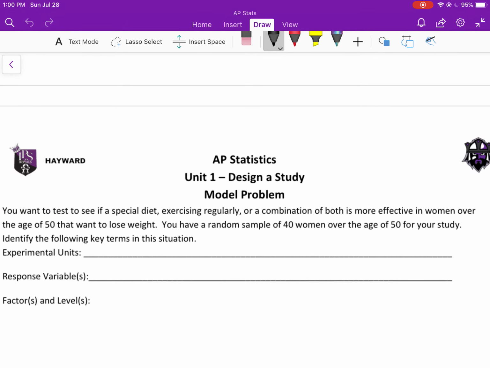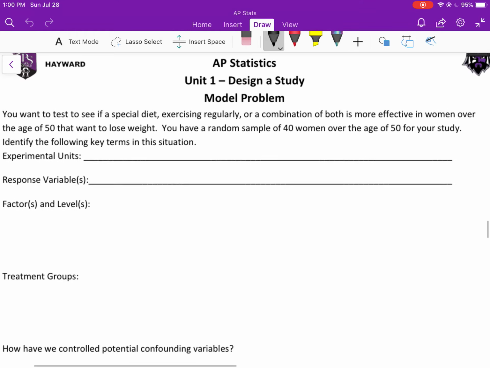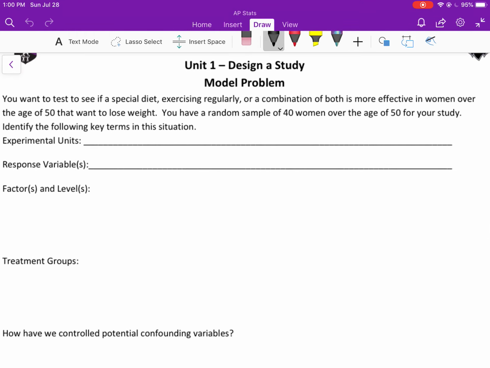So we have a model problem that says you want to test to see if a special diet, exercising regularly, or a combination of both is more effective in women over the age of 50 that want to lose weight. You have a random sample of 40 women over the age of 50 for your study. Identify the following key terms in this situation.